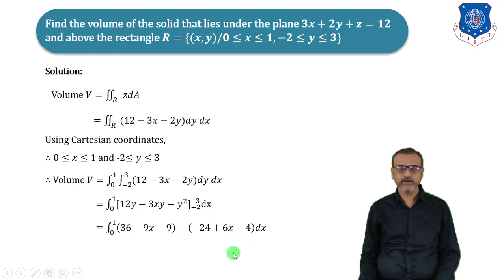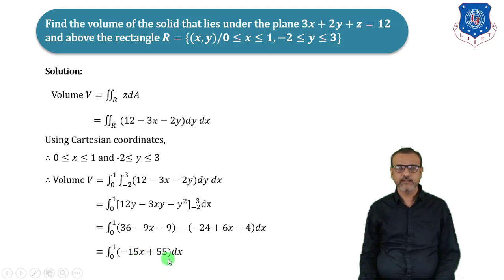Now we will simplify this result. This equals the integration from 0 to 1 of minus 9x minus 6x, so the result is minus 15x. 36 minus 9 is 27, minus 24 and minus 4 is minus 28, minus minus plus, so it will become plus 28. 27 plus 28, the result is 55.